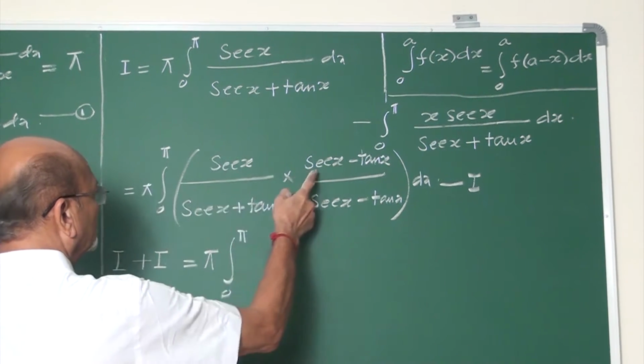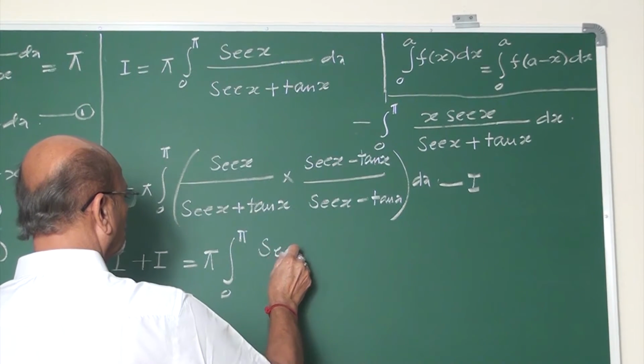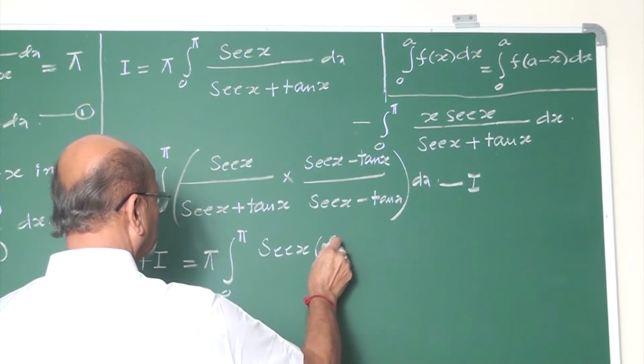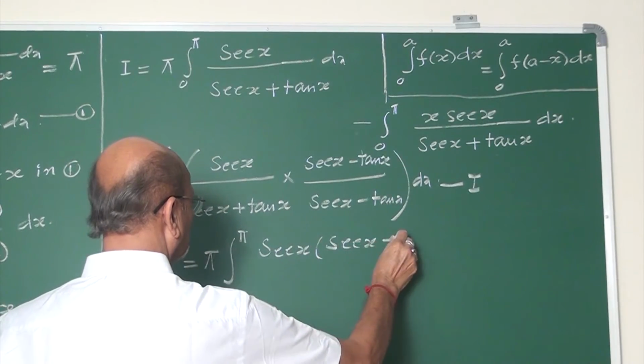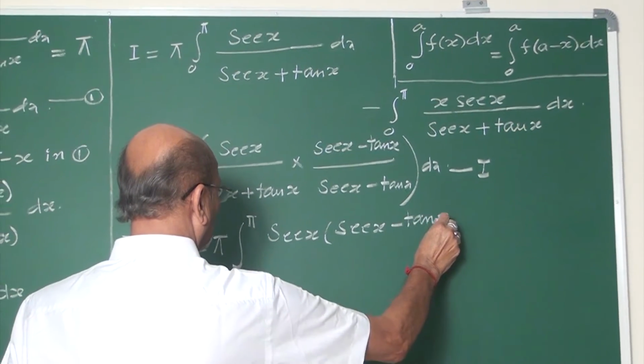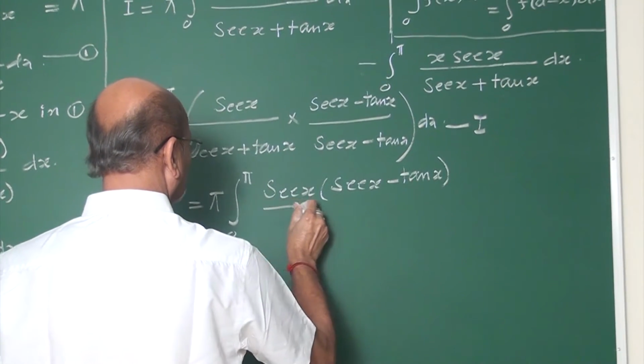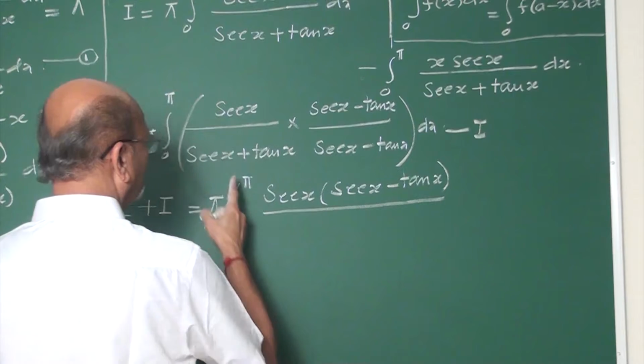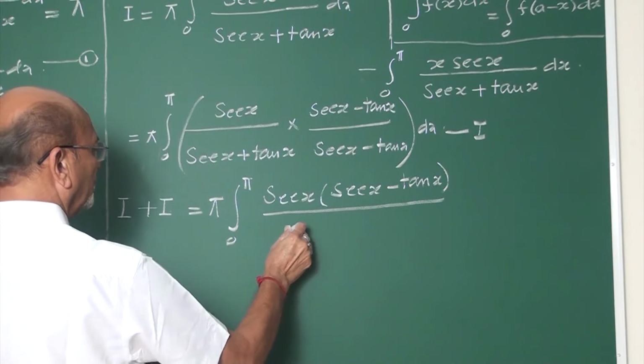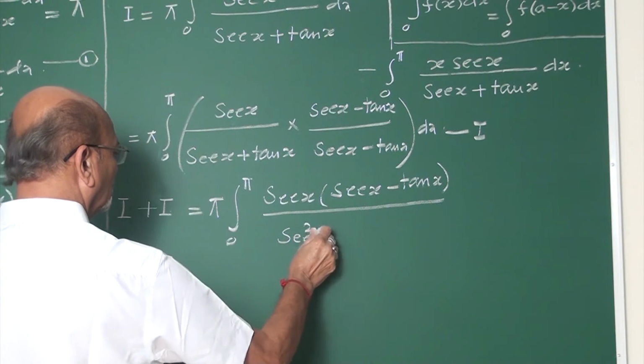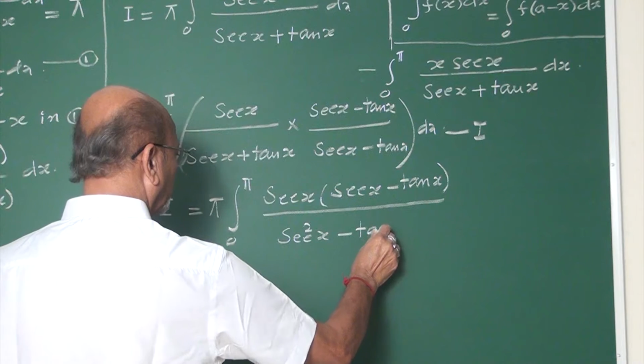What is this? Sec x into sec x minus tan x is the numerator. The denominator is a plus b times a minus b, which is a square minus b square.